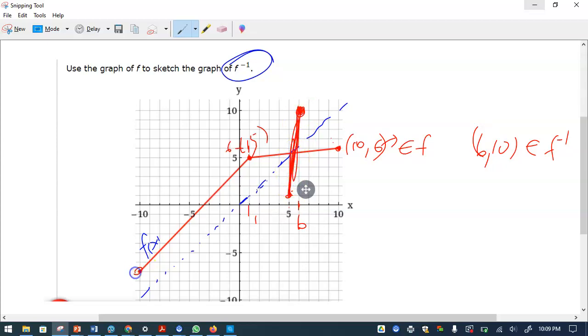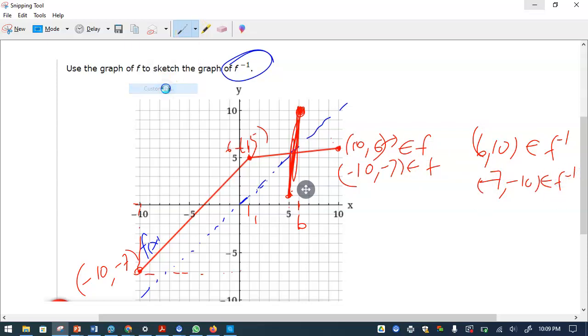And then on this one is minus 10. So it goes minus 10 and goes to minus 7. So if (minus 10, minus 7) is a point of f, then (minus 7, minus 10) will be a point of the inverse. So where is minus 7?